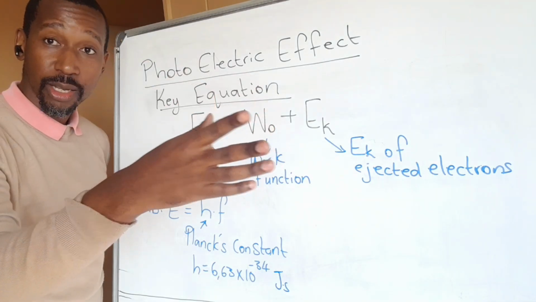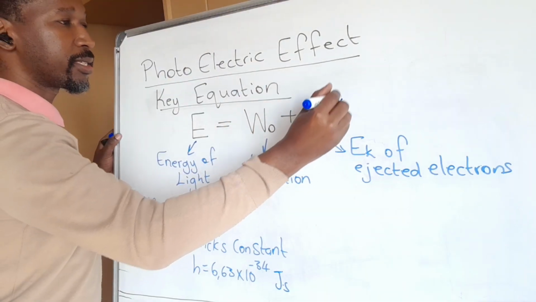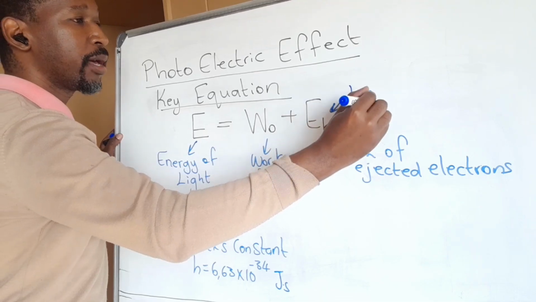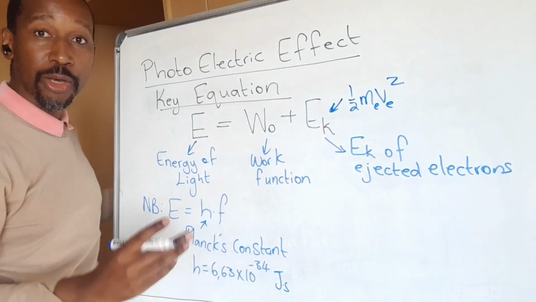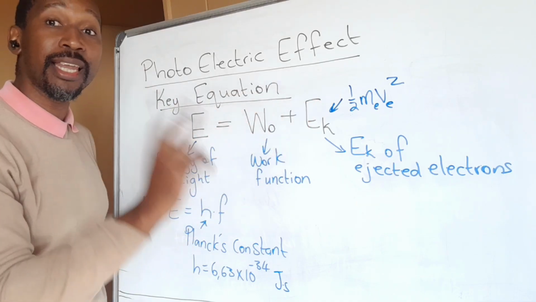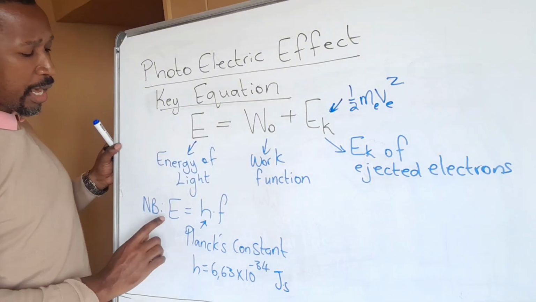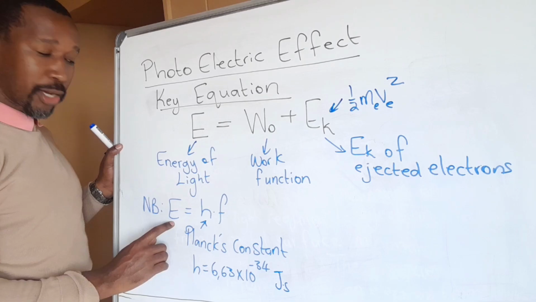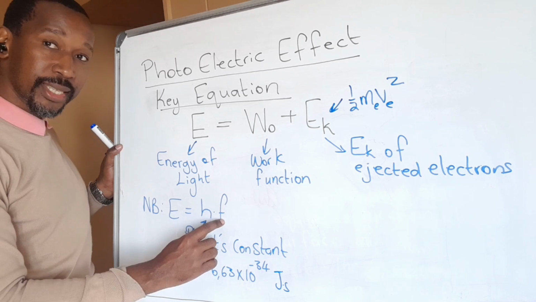Now, don't forget that EK is equal to half m v squared, where m is the mass of the electron, but the velocity again will be of the electron specifically. So it's half mv squared, but we are talking about electrons. Now here, please do understand that energy can be calculated as Planck's constant times the frequency of the light.